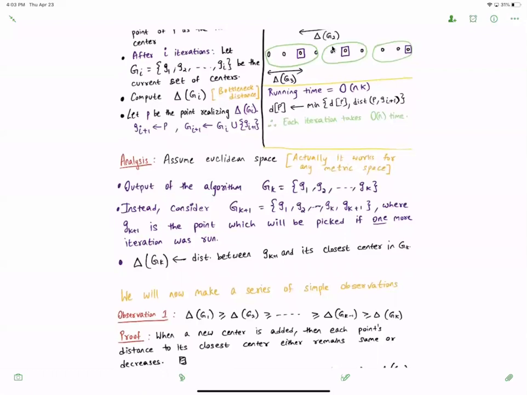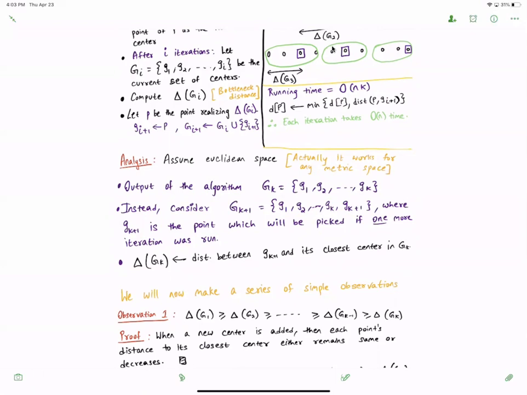Recall what delta of Gi is. After i iterations, it is the distance of the point which is complaining the most from its closest center, right? So I'm saying these values keep decreasing. And why is that true?